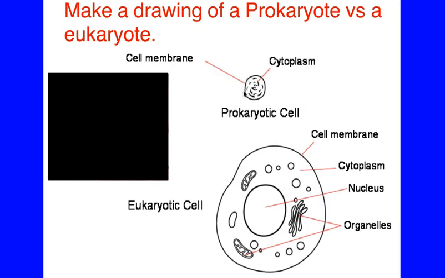And then the cell membrane wraps around the cell, and you can see the cell membrane on the eukaryotic cell. Now this one has a nucleus, but the prokaryotic does not. And it also has these organelles where the prokaryote cell does not. The organelles are actually a little bit bigger than the prokaryotic cells. So that may be one of the reasons why prokaryotes don't have these organelles, because it's too small.